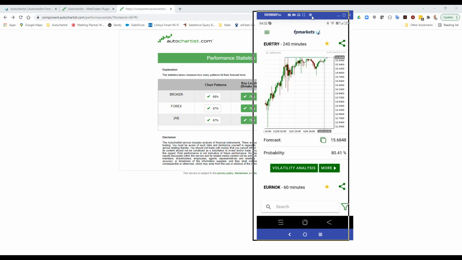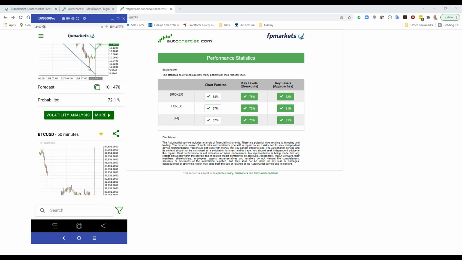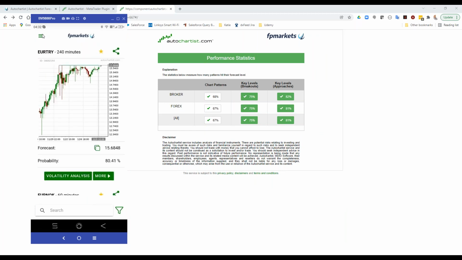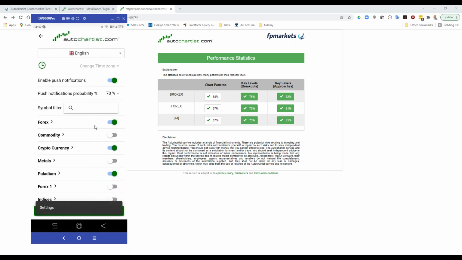Okay, here is my cell phone, and I'm in the app, and so I have a whole bunch of signals available to me. But what I can do is, in my filter section, I can tell it what to send me information about.